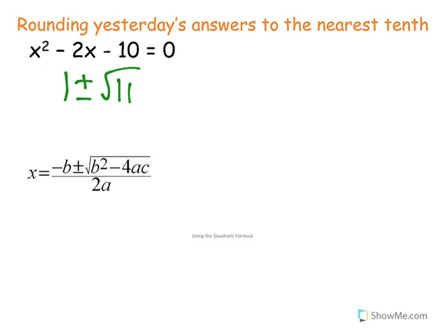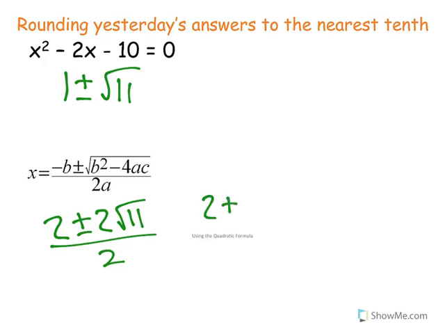Now I believe, and I don't have it in front of me, that what we had originally was this. And then we simplified to get that, and I think we had something even a little bit more complicated than that. So if I do my b squared minus 4ac, I actually had this.